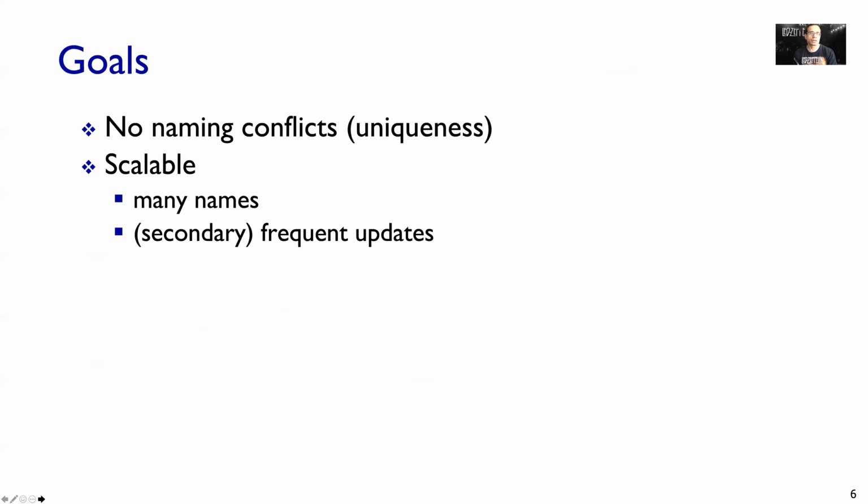Okay, so the goals are as follows. We want to be able to create names that are not conflicting, because we can't have 2 domains using the same name. So the domain names themselves should be unique. It should be scalable in that we should be able to have many names.